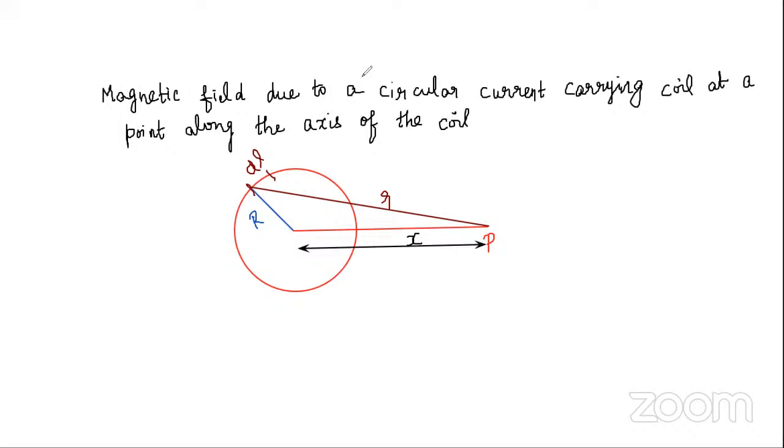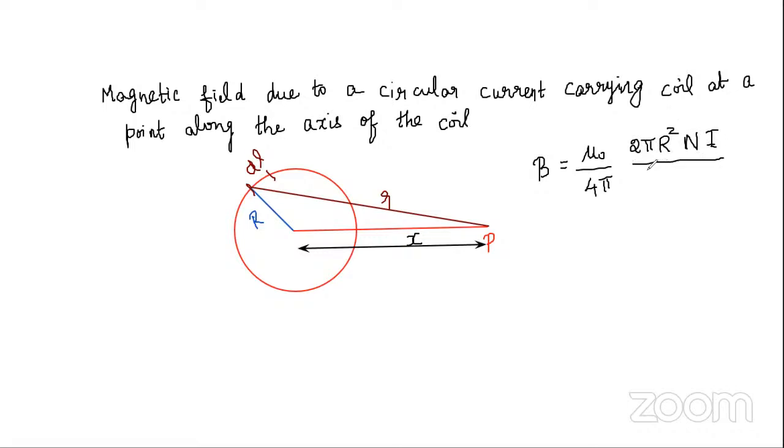So that I am going to write here. B equal to mu naught by 4 pi into 2 pi r square into n into I, divided by r square plus x square whole power 3 by 2. N is the number of turns in the coil.